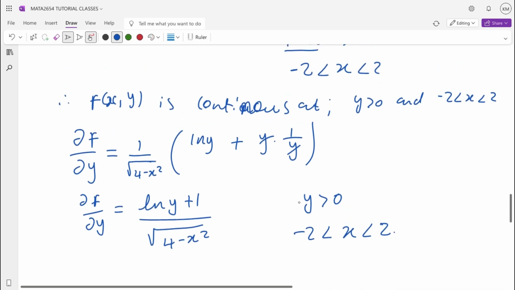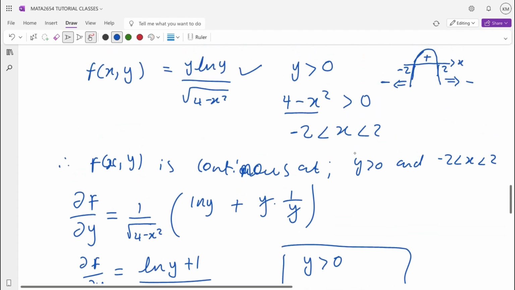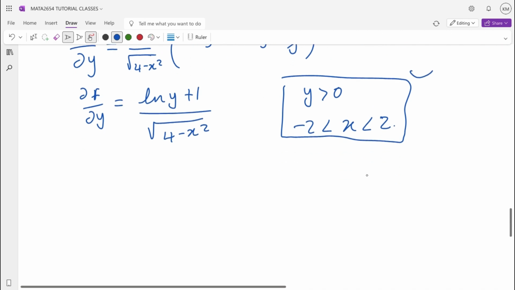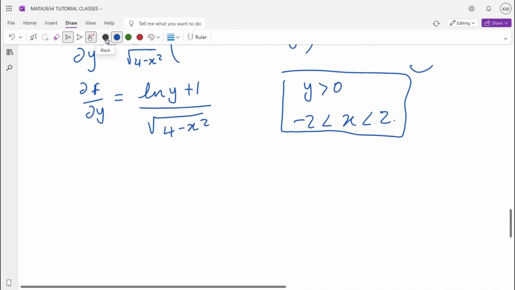So now we have this as our domain, and for our f of x y, we had the same thing again. Okay, so for the part where they say we should sketch the region, we are going to use this to sketch the region. In most cases, the domains are the same for f and for f of x y and its derivative with respect to y.